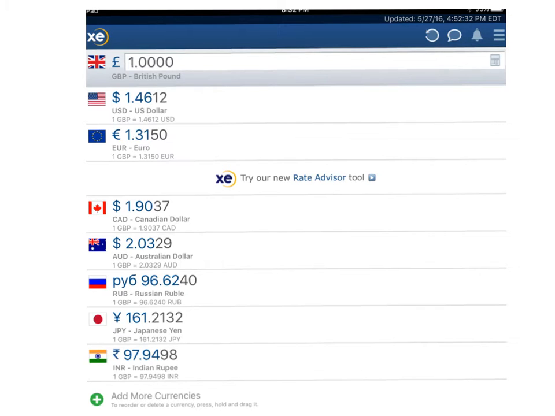Now this app that you see here, it's clear that you can think of it as having ratios where one British pound is in the denominator and the numerator is the corresponding value of the foreign currency, like the US dollar.